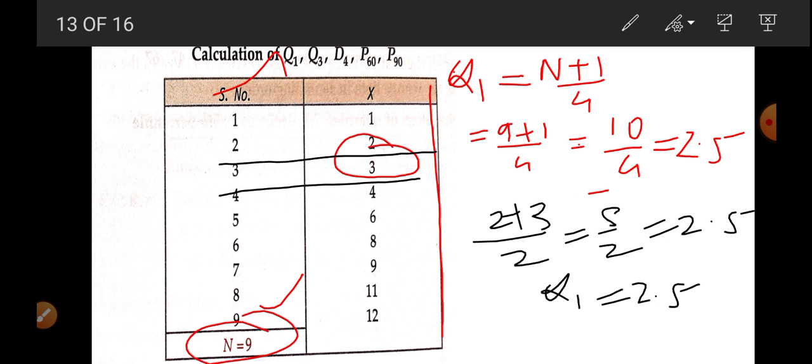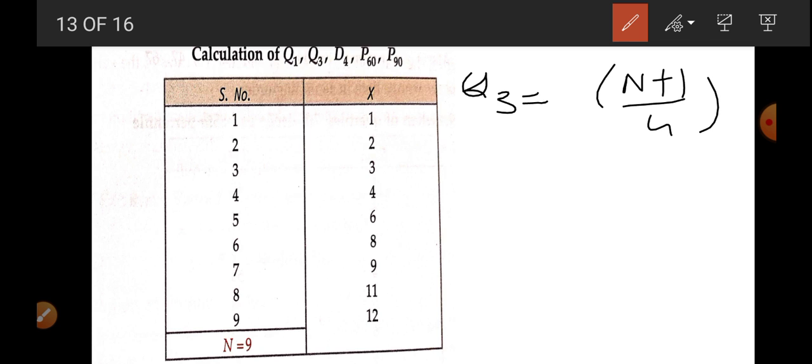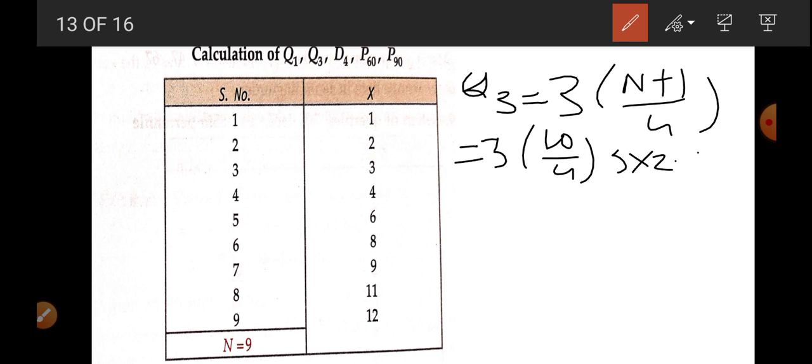Now Q3. When I am going to calculate Q3, we will first write the equation n plus 1 upon 4 because quartile is divided into 4 parts. Now for 3, there will be a 3 outside. So n plus 1 upon 4 we already found is 2.5. So it becomes 3 multiplied by 2.5, that is 7.5.